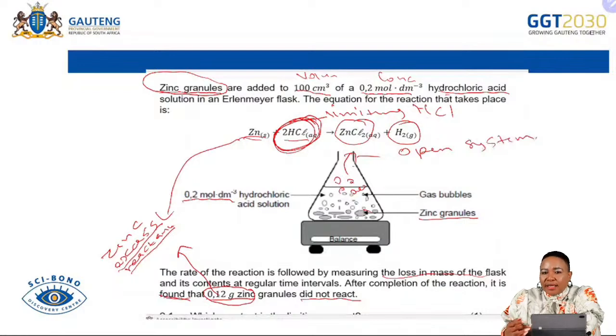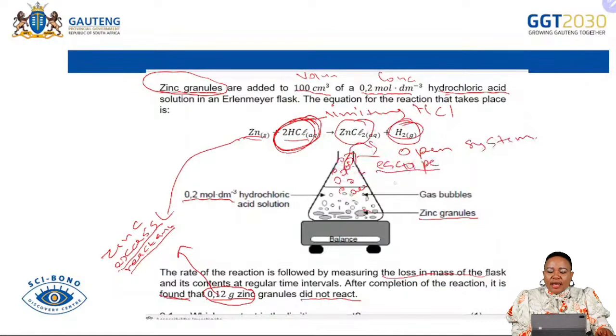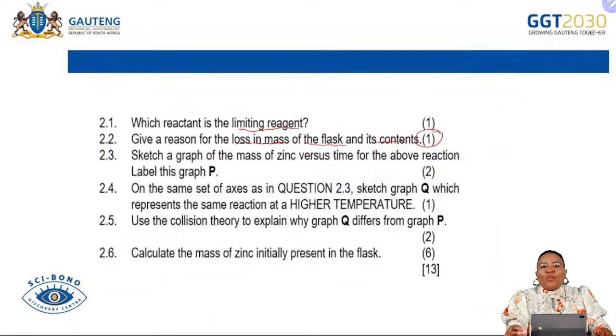So it's an open system. So we can see that as the gas is formed, which is our hydrogen gas, the hydrogen gas is escaping. So because the hydrogen gas escapes, it shows that definitely the mass will decrease. So the reason why the mass decreases is because of the escape of hydrogen gas from the flask.